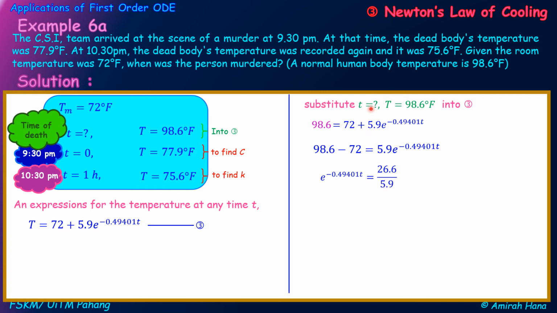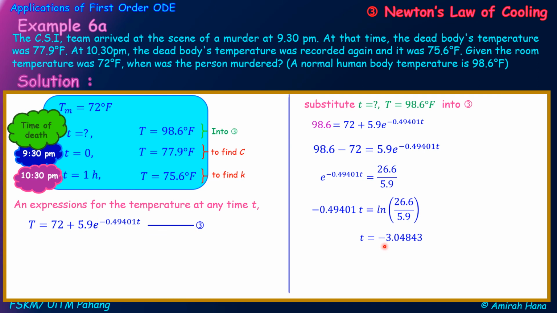Now we want to find T, time. So we need to move e to the right-hand side. When we move e to the right-hand side, it becomes ln. So we get negative 0.49401T equals ln(26.6/5.9).